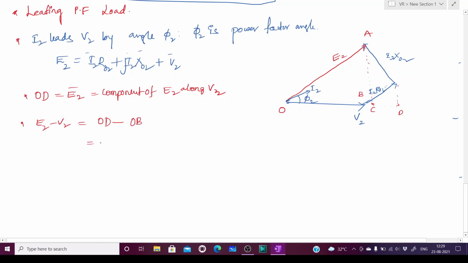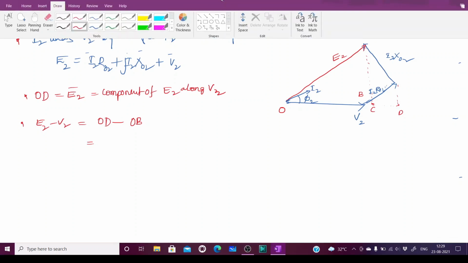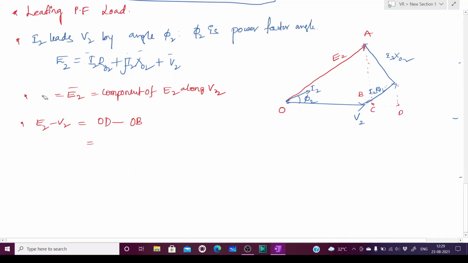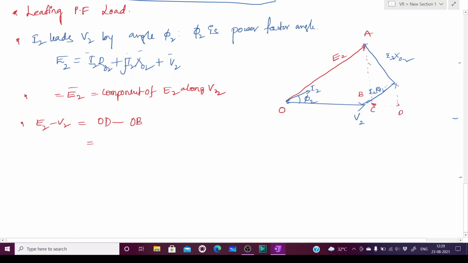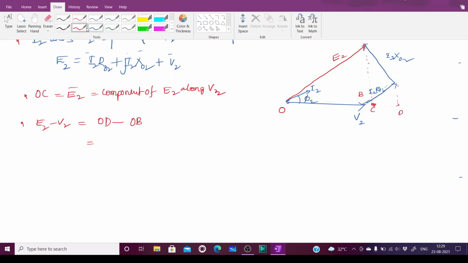So we will be left with BD. OC is E2, OC is V2. Here OA has the length of OC, so OC is our E2 now.